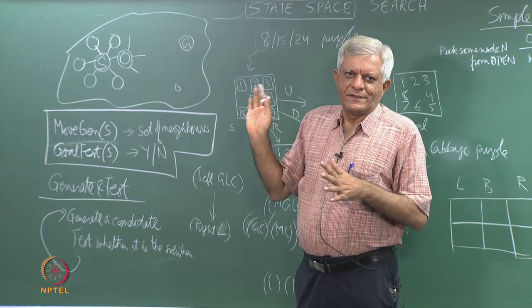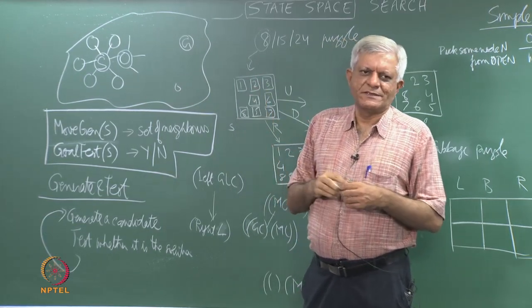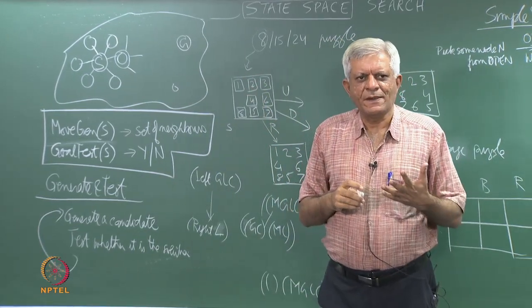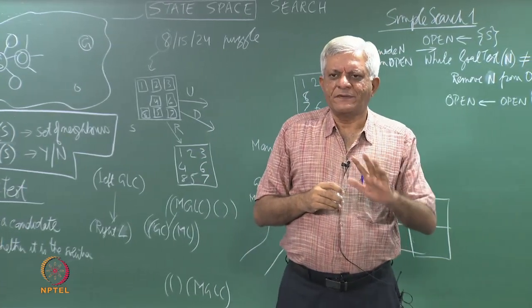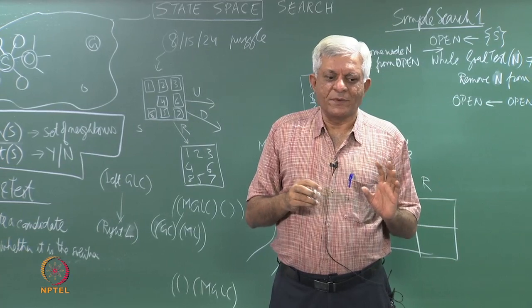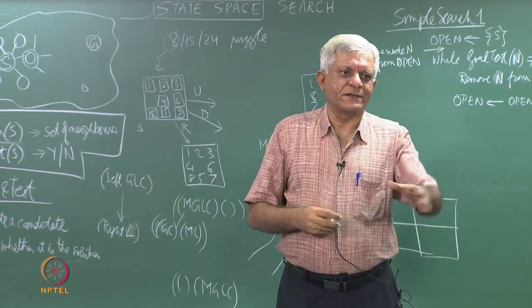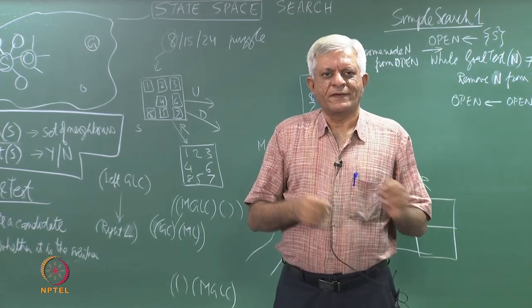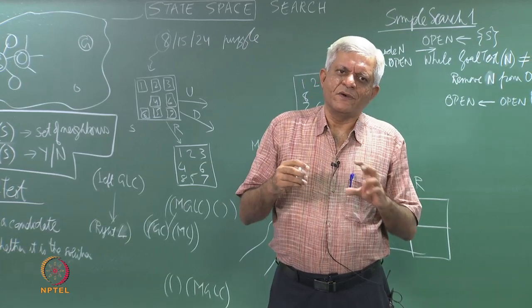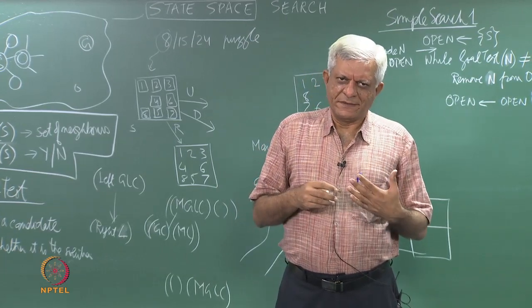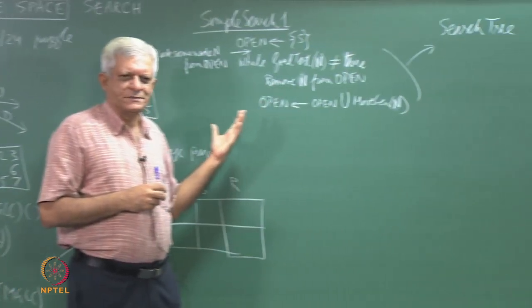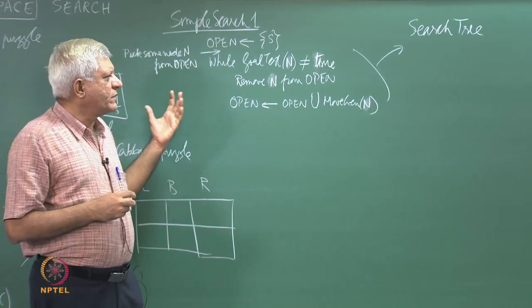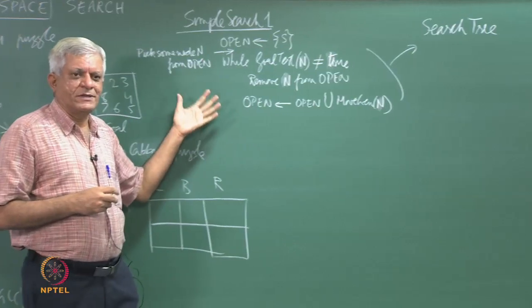So, it is basically the graph search algorithm that you must have encountered elsewhere. The only difference here is that the graph is not given to you, nobody says that this is the entire graph for the Rubik's cube for example, and then find a path. You have to generate the graph on the fly, and that is what generates the search tree essentially.